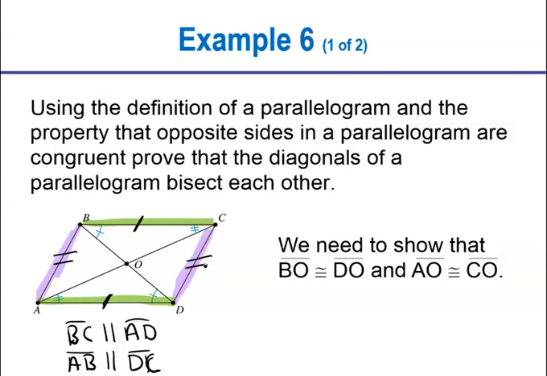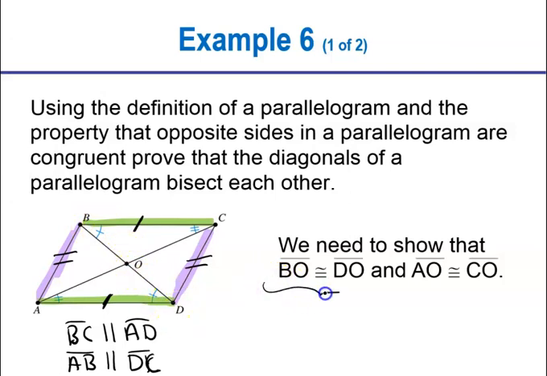What we're trying to show, though, is that the diagonals of the parallelogram bisect each other. Okay, so what does that mean? Bisect means they cut them in half, right? So you know what the diagonals are. From B to D is a diagonal, and from A to C is a diagonal. Okay, so we know that BO needs to be congruent to OD.